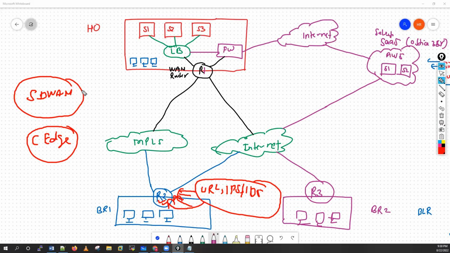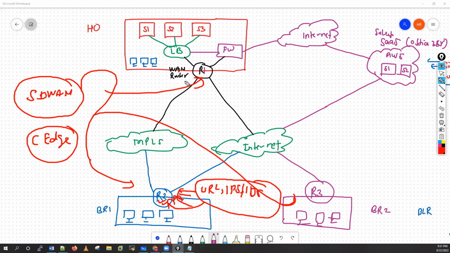And you can push all these kinds of policies from one controller to all the devices. Let's suppose in traditional networks this router is able to do the IPS functionality, and there is one malware, and now you want to apply some kind of block for that malware on all your routers.